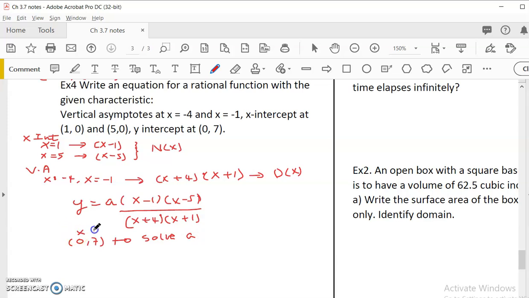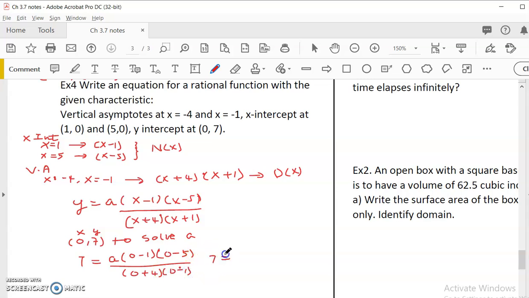But it has a y-intercept of (0, 7), so we will use (0, 7) to solve for a. Why? Because this is x and this is y, right? So 7 equals a times (0 minus 1)(0 minus 5) over (0 plus 4)(0 plus 1).